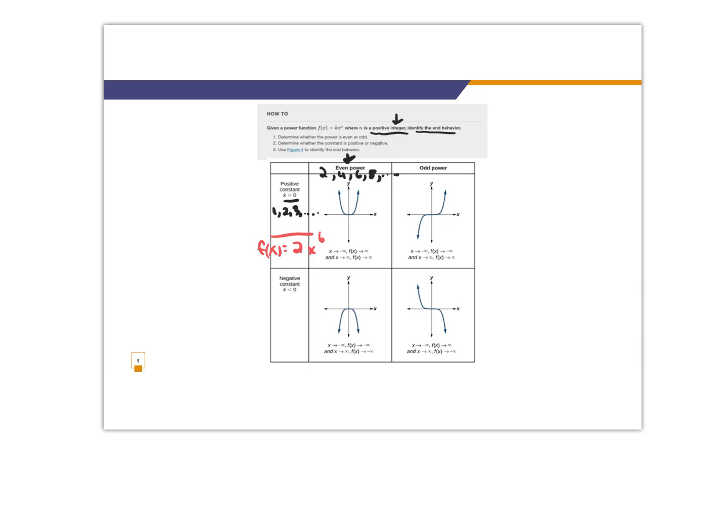That would be exactly what they're saying. The first number in front, the coefficient, has to be bigger than 0. Well, the 2 qualifies as bigger than 0. And the exponent has to be even. Well, 6 is definitely even.